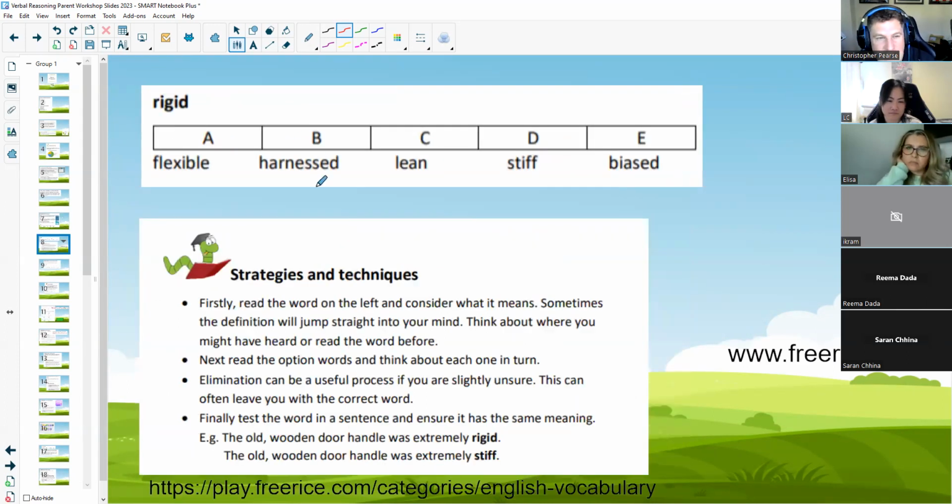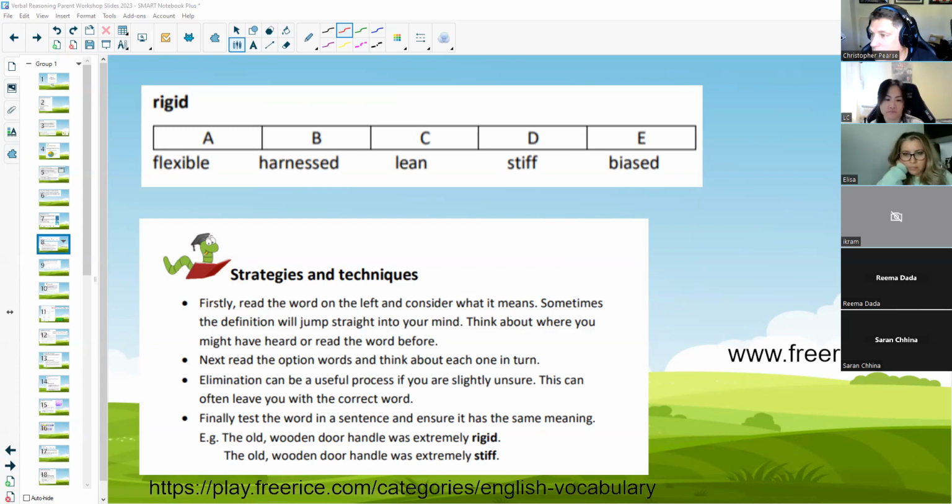the next slide, so there's that question again, and what I've added in here is a link to a website called FreeRice, and it's been around for a very, very long time, but it's really, really good for enhancing a knowledge of synonyms. And again, I'm going to put that into the chat because I would like you to utilize this, particularly for synonyms.